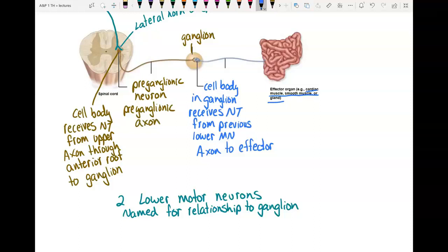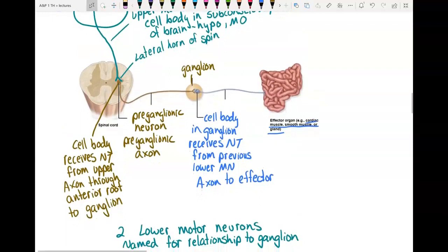The blue one has its cell body in the ganglion, so it is called the ganglionic neuron. But we don't often actually talk about a ganglionic neuron. We usually just talk about its axon, and its axon is after the ganglion, so it is called a postganglionic axon.